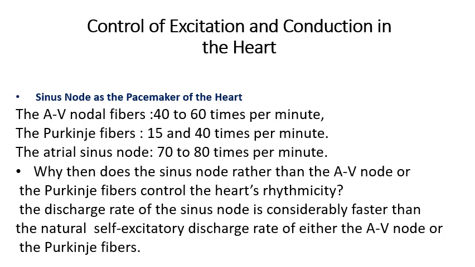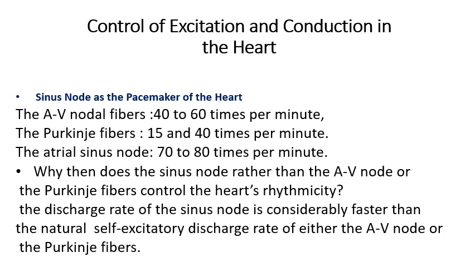Now let's talk about the control of excitation and conduction in the heart. What controls the heart rhythm, and what controls the work of the pacemakers? So we talked before about the pacemaker of the heart, and that was actually the sinoatrial node.